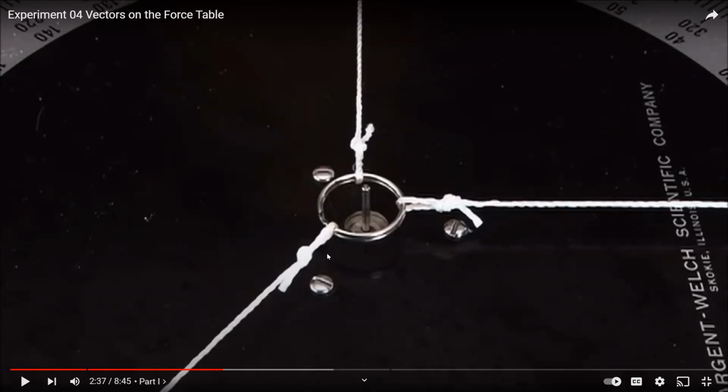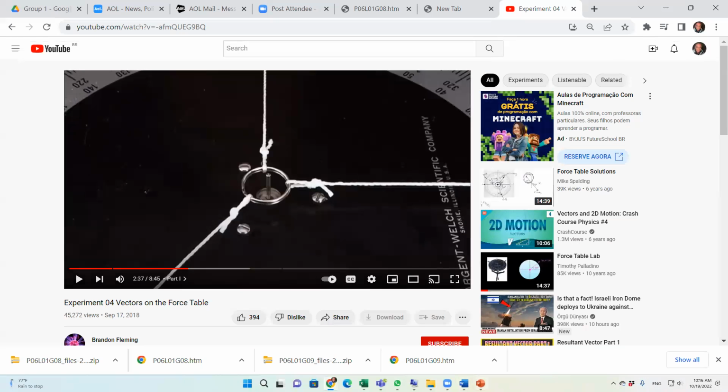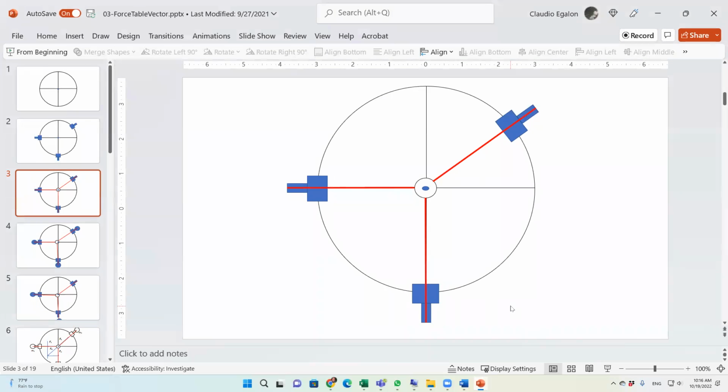If the forces are not balanced, the ring would tend to move in the direction of the largest force, and we have the spin to prevent the ring from moving away. That's what we have in this illustration.